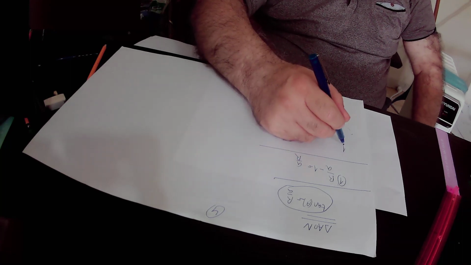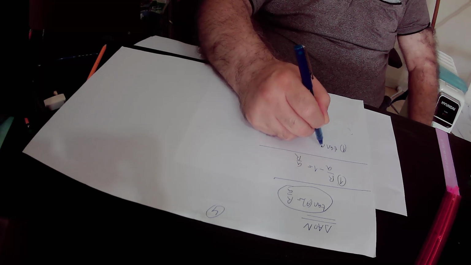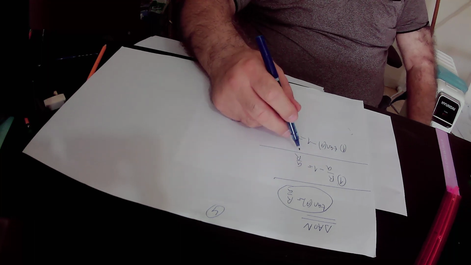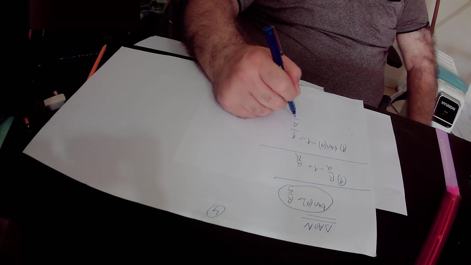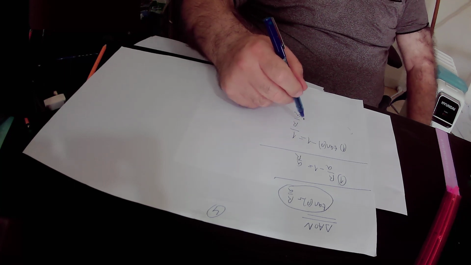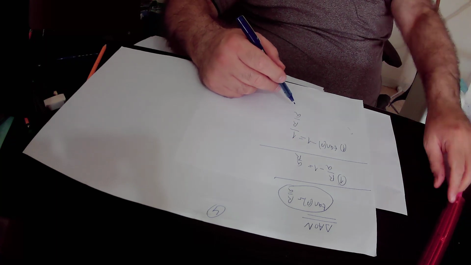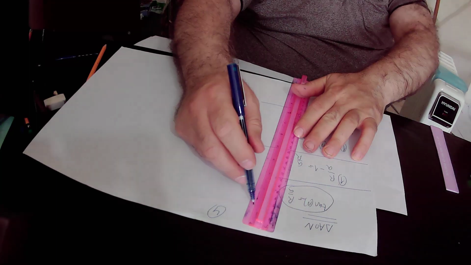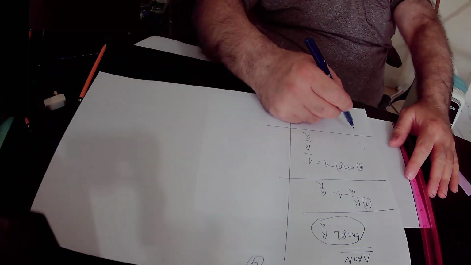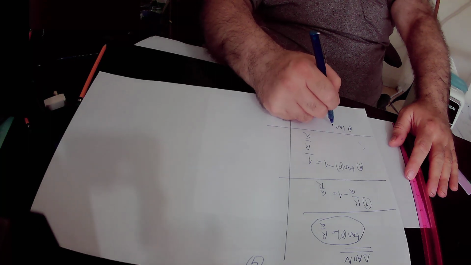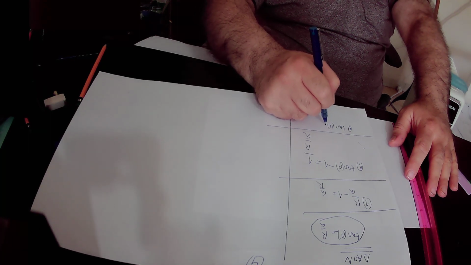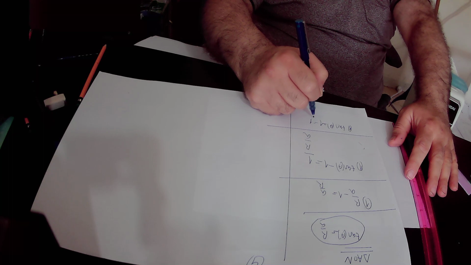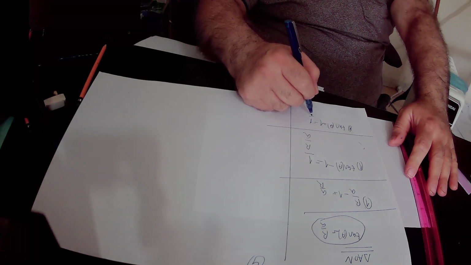We'll do it now and we'll get that tangent theta minus 1 equals A over R, but A over R equals 1 over R over A. So now we can substitute R over A by tangent theta in equation number 1. We'll do it now and we'll get that according to equation number 1, tangent theta minus 1 equals 1 over tangent theta.